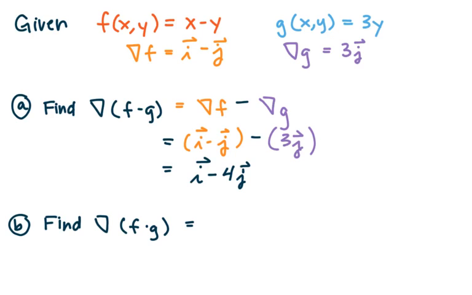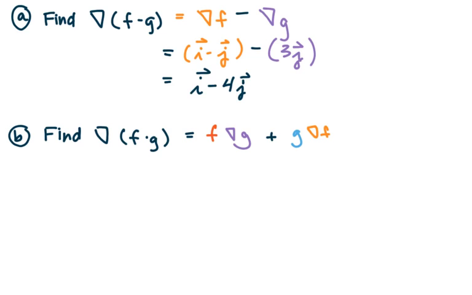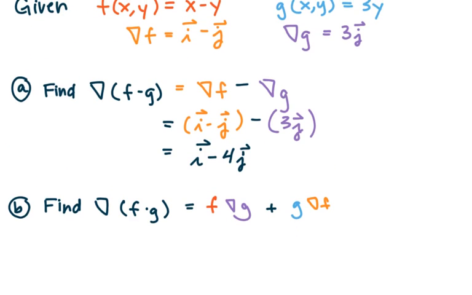But by definition, we'll have f times the gradient of g plus g times the gradient of f. F is x minus y. The gradient of g is 3j. G is 3y, and then we have that times the gradient of f, which is i.